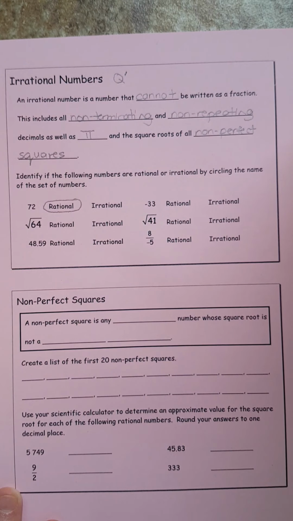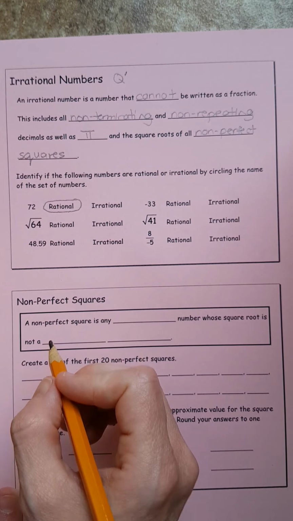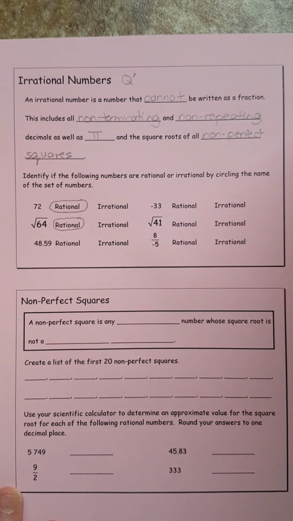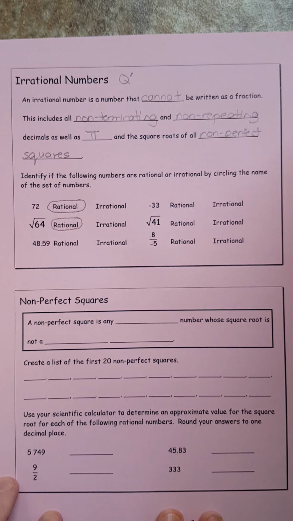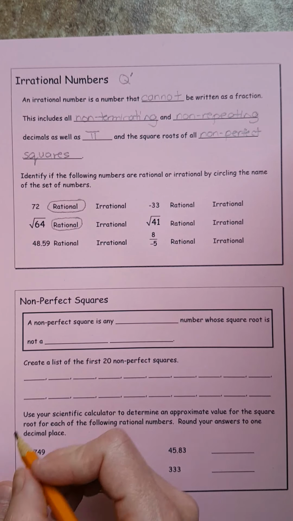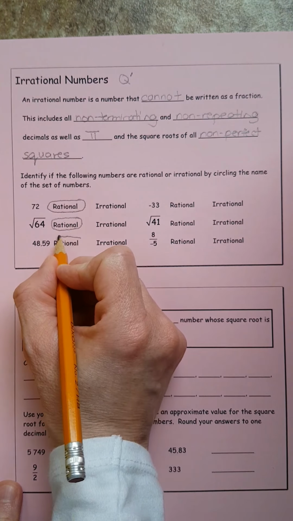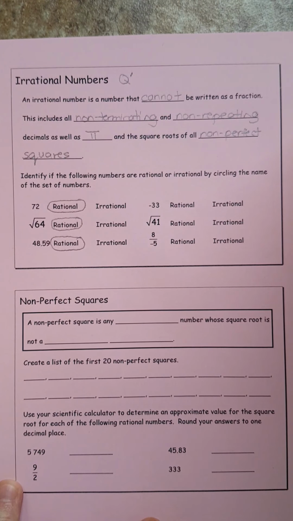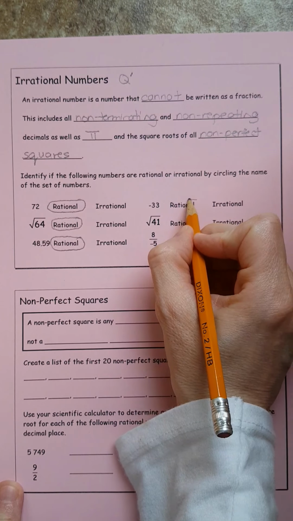So the square root of 64 is 8, which is also a counting number, therefore a rational number. 48.59, that's what type of decimal? Terminating decimal, and therefore again is rational. All of those can be written as fractions. And then we have negative 33, which is also rational.